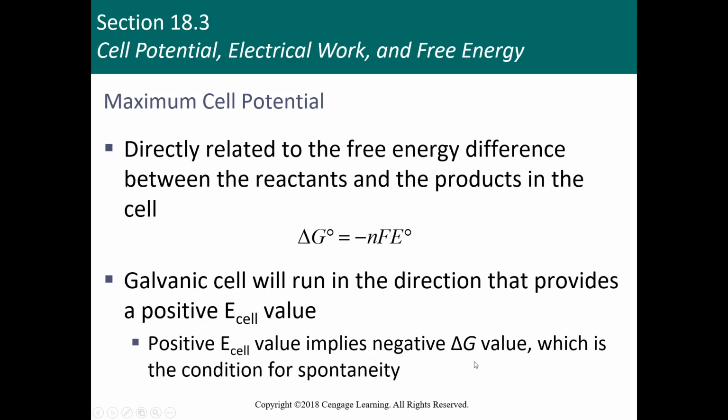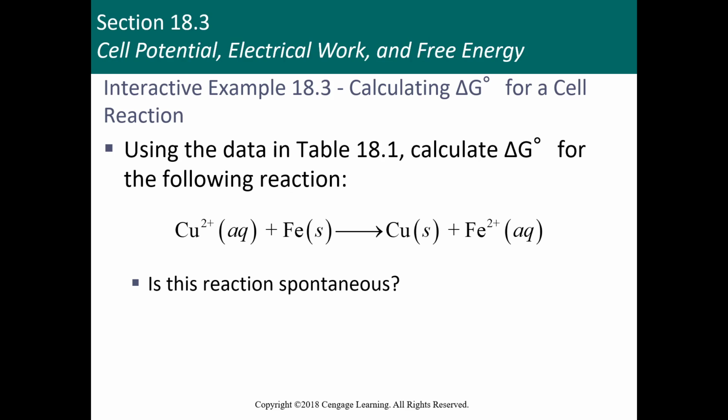And again, that is the condition for spontaneity. You will also notice, of course, that an E naught of 0 would give you an equilibrium, wouldn't it? So when we use the data in table 18.1, we can calculate the delta G naught for this reaction, and we can find out if this reaction is spontaneous.